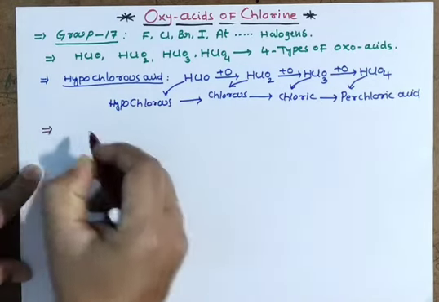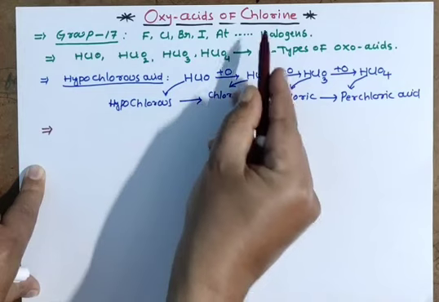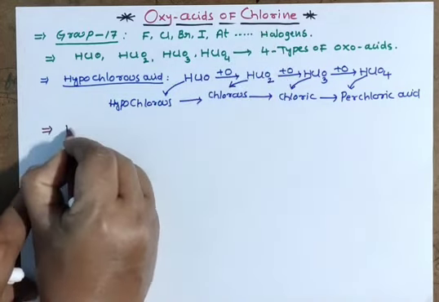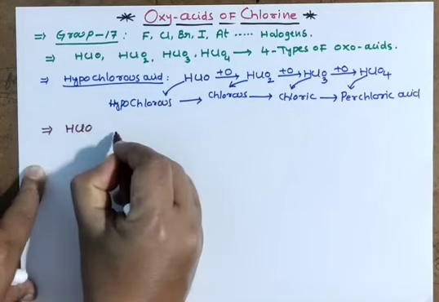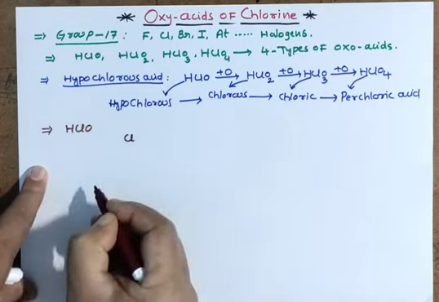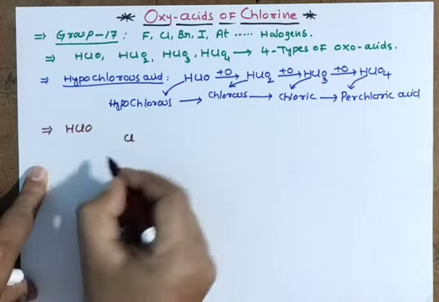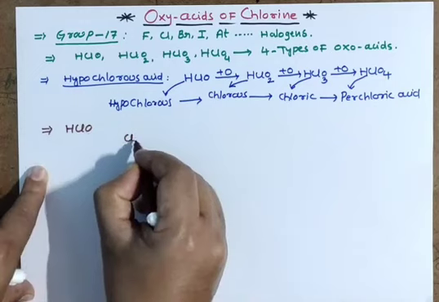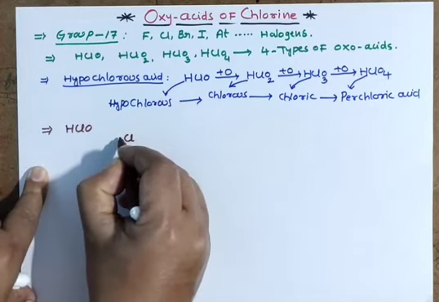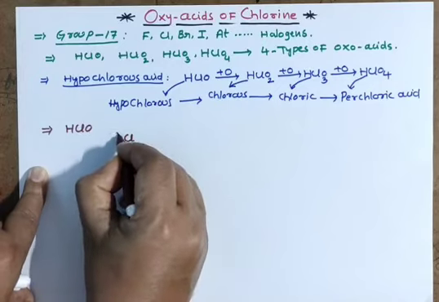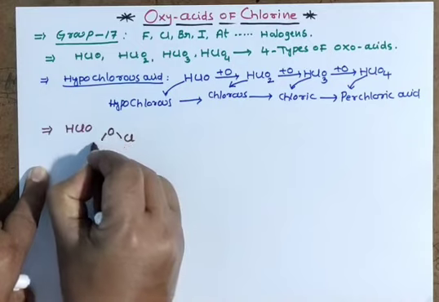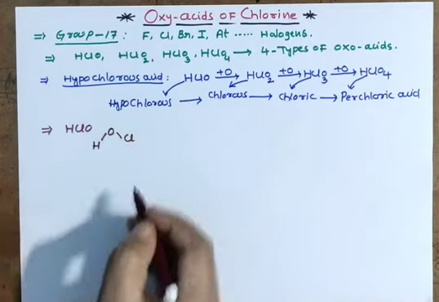First one, I am taking chlorine oxyacids we are discussing. That's why chlorine is the central atom. HClO structure I am drawing. Chlorine is the central atom, remaining one oxygen, one OH. This chlorine is bonded with one hydrogen and one oxygen, like this.